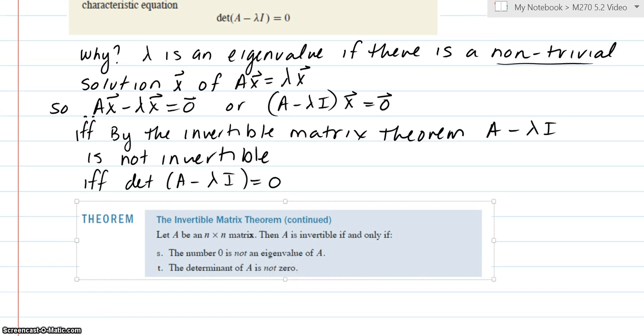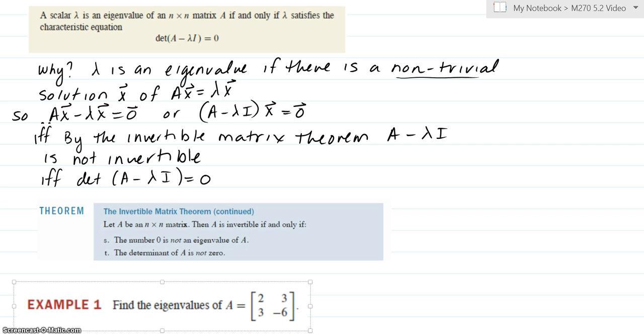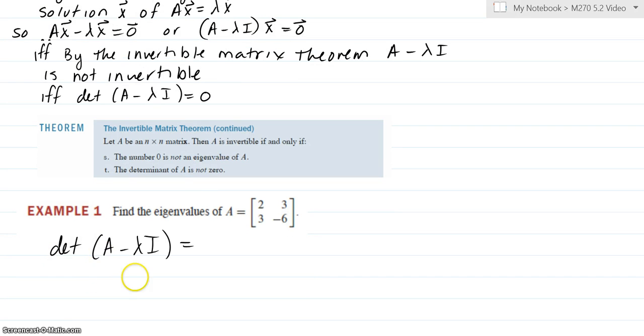So let's look at an example. Example 1 says to find the eigenvalues of this matrix. And again, we know that lambda is an eigenvalue if and only if it satisfies this equation. So let's look at that equation. The determinant of A minus lambda I, what is that going to be?